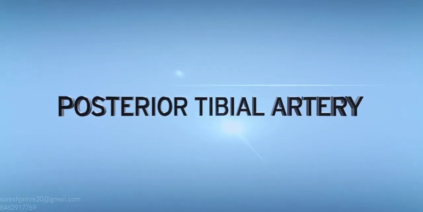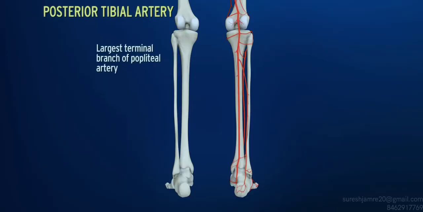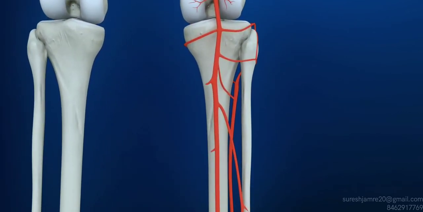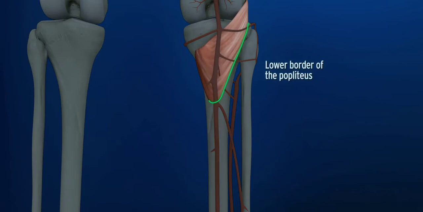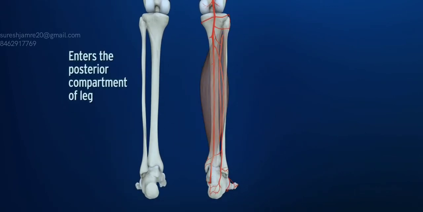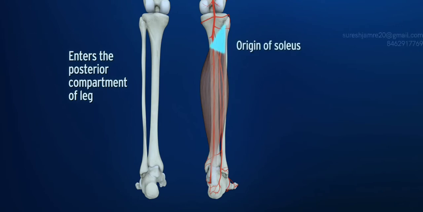Posterior tibial artery. It is the larger terminal branch of popliteal artery. It begins at the lower border of the popliteus. The artery enters the posterior compartment of the leg by passing deep to the tendinous arch of the origin of soleus.